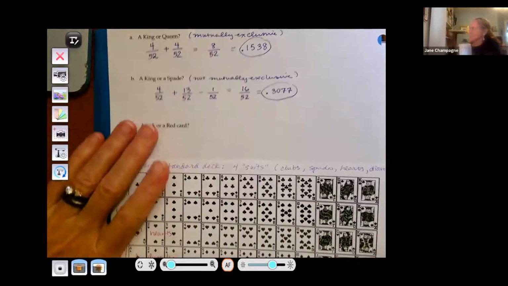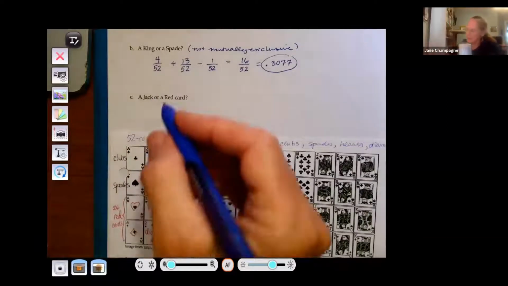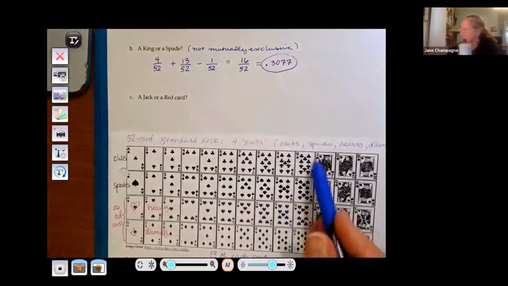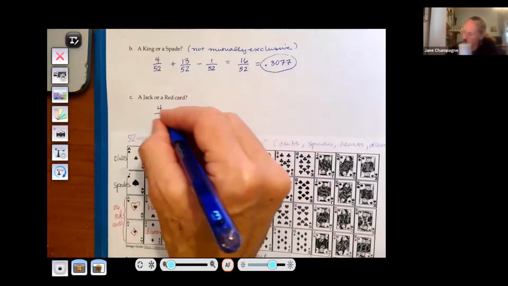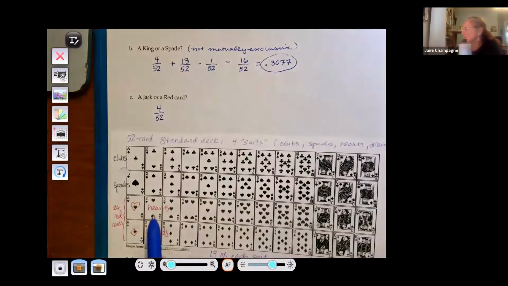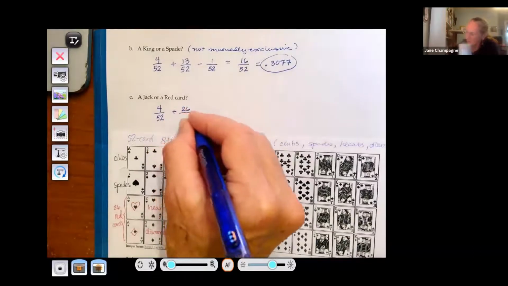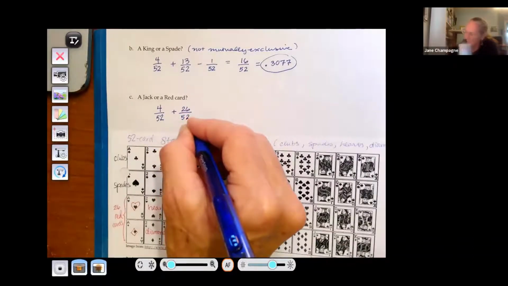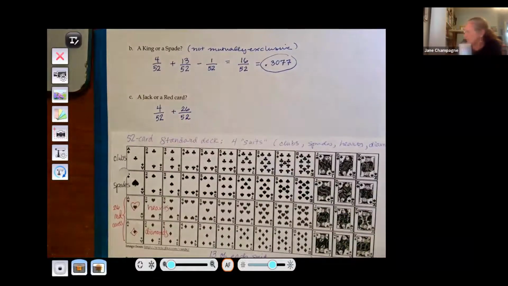Next question. Probability of getting a jack or a red card. All right, jack, there's 4 of those. There's 52 cards. And then how many red cards? So those are the hearts and the diamonds. So there's 26 red cards out of the 52. But wait, there's 2 red jacks.